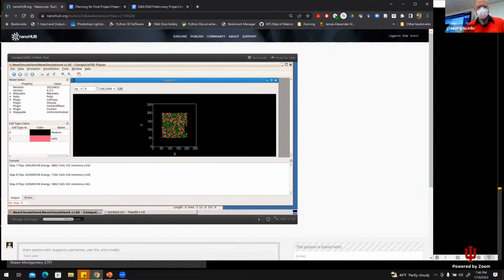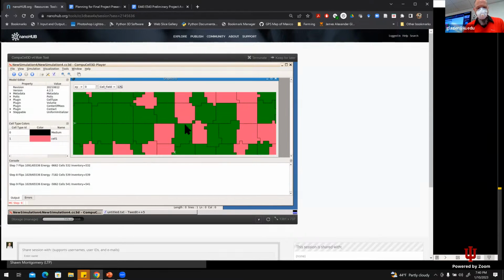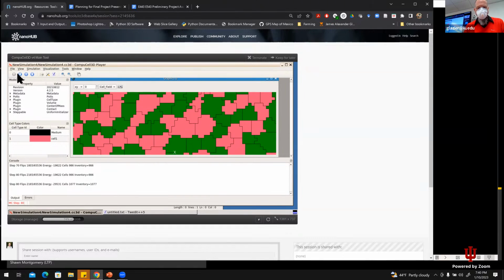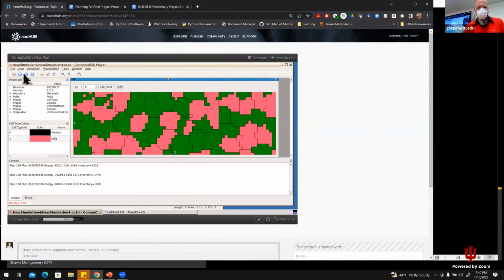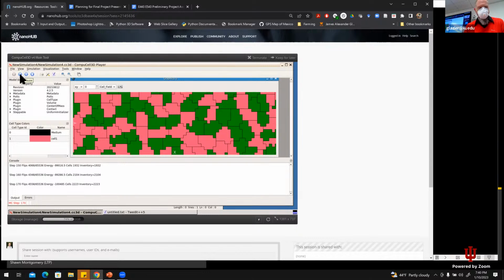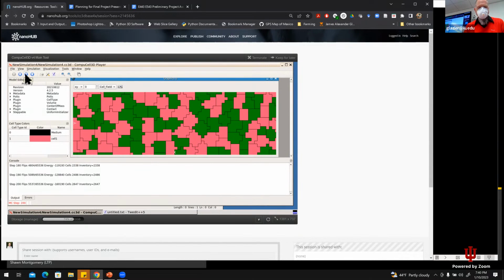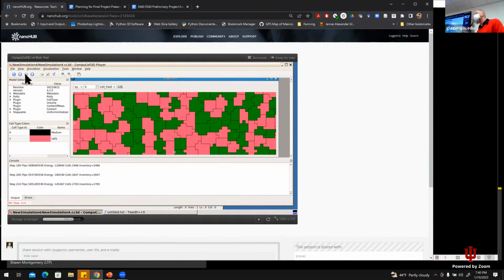If I zoom in, I can see the cells grow, and they divide when they reach a doubling volume. And the reason we have two cell types is that when the cells divide, if they are type 1, they become type 2. If they are type 2, they become type 1. So they swap back and forth between the cell types.